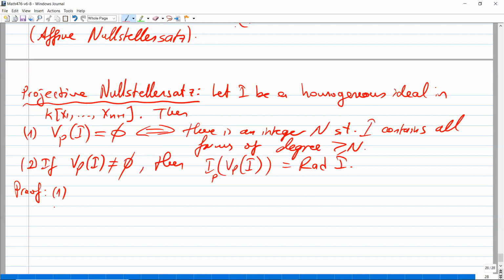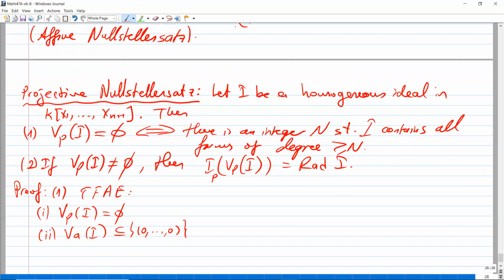The proof of the first one. So first of all, the following are equivalent. The first one is that VPI is empty. Second is that VAI is inside {0}.